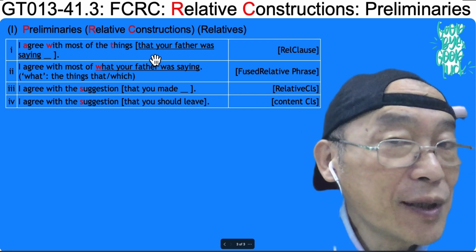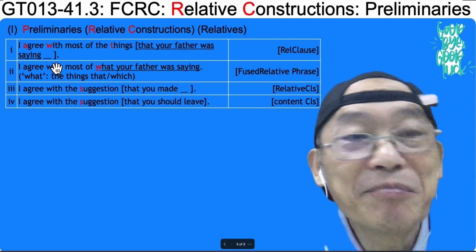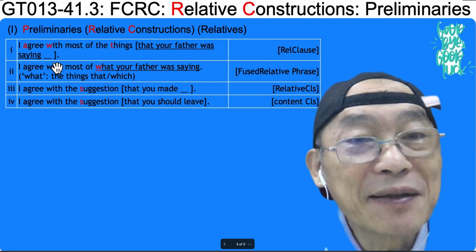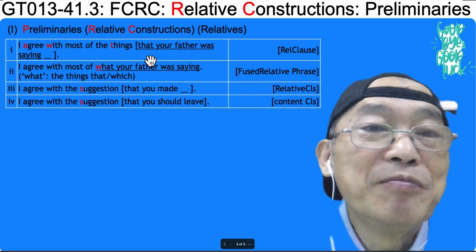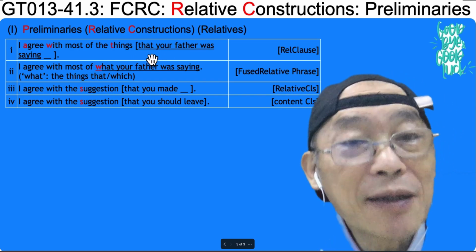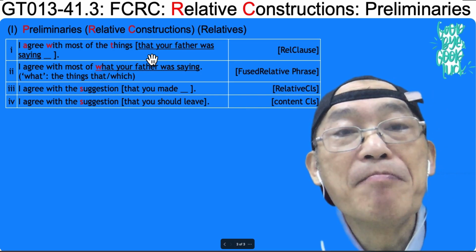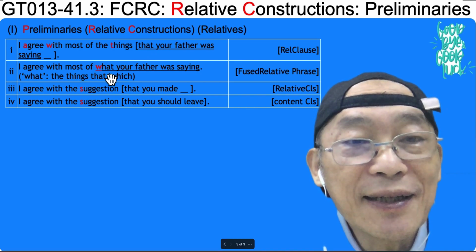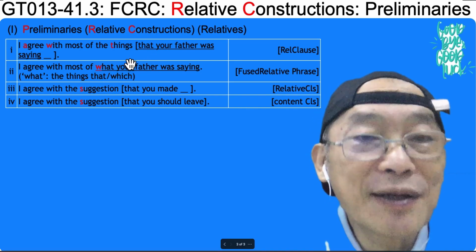Which contains meaning because it is the object of this, so nothing is omitted. For which, it is both the marker and the meaning. So what is equal to things which.